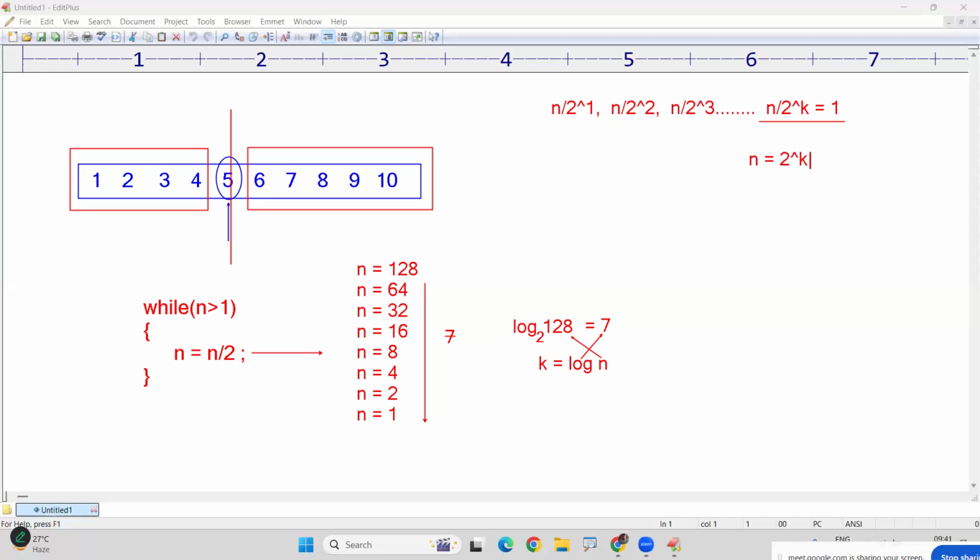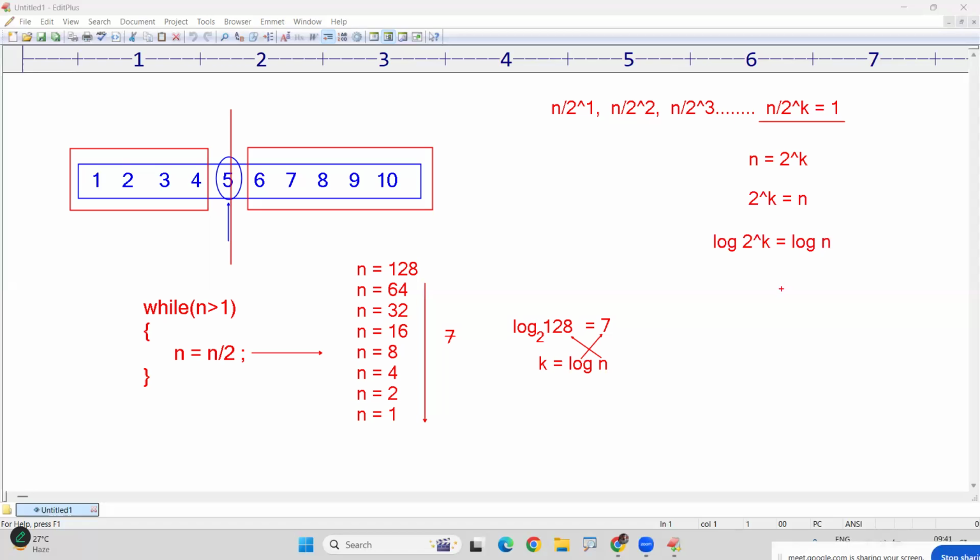Okay. Then we just write it in reverse: 2 power k equals n. Apply logarithms on both sides. Log of 2 power k equals log n.